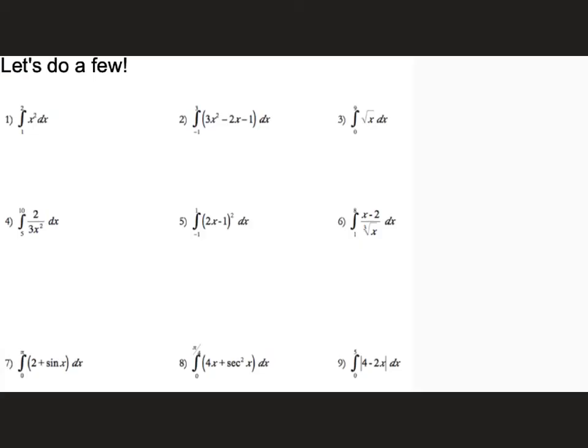So there's a bunch here. I will do a few. Let me pick, say, this one. So we have 3x squared. Well, whose derivative is 3x squared? That would be x cubed. We have 2x. Whose derivative is 2x? That'd be x squared. And then we have 1. Whose derivative is 1?